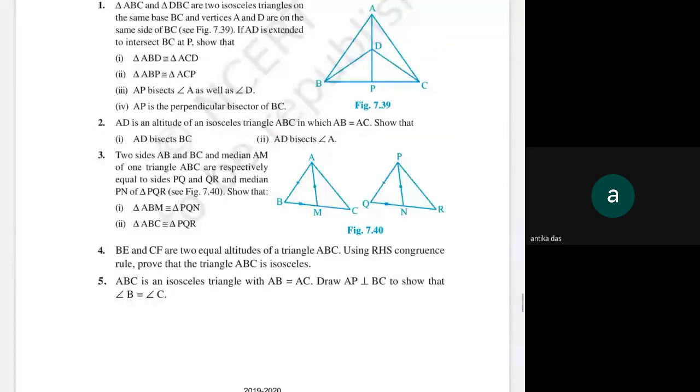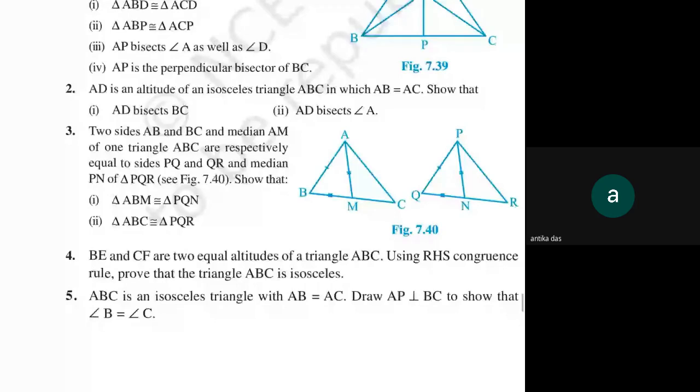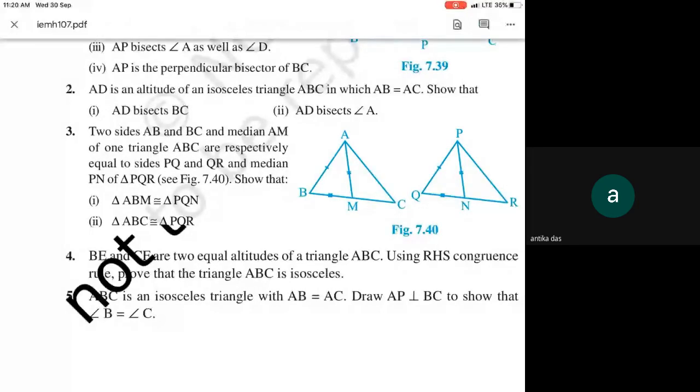Now this is the third question. Question number 3. Is question number 3 visible to you? Yes, sir.